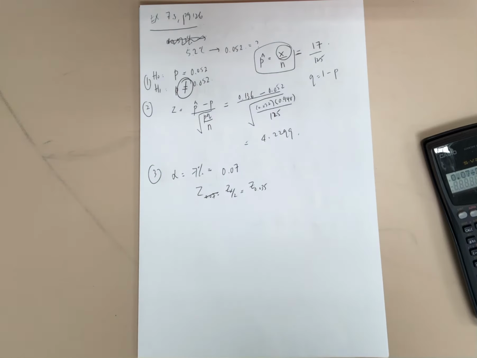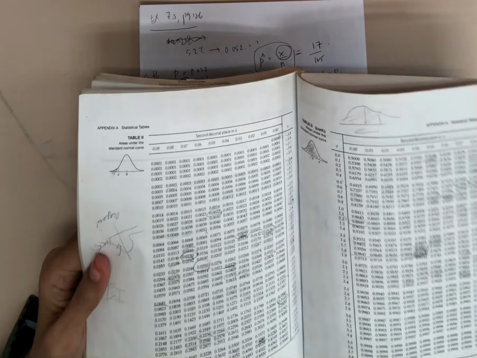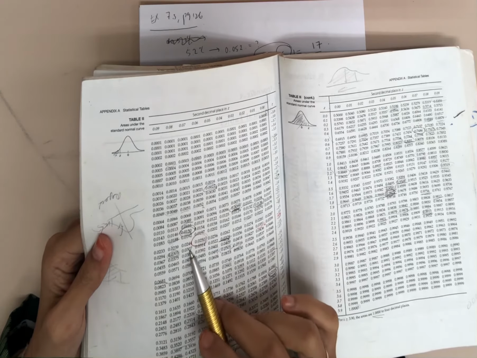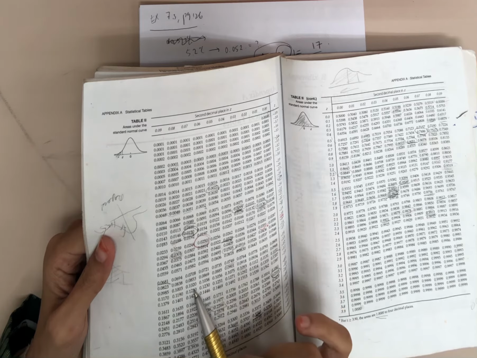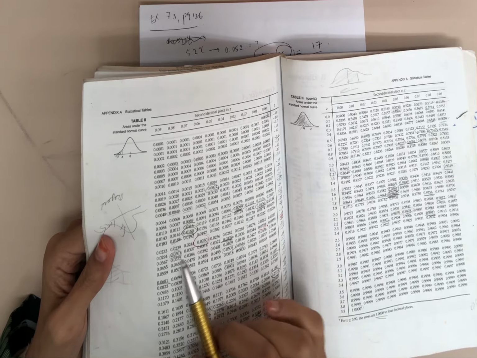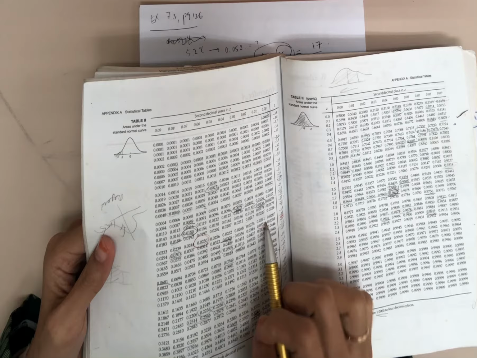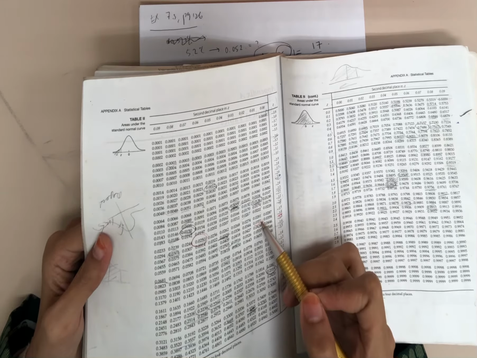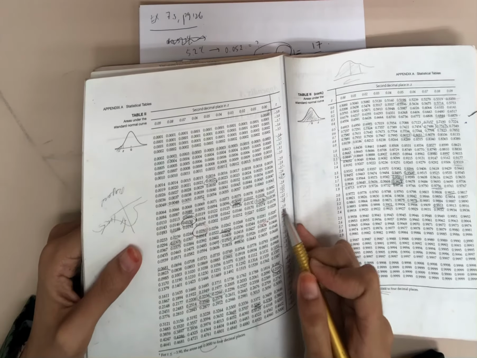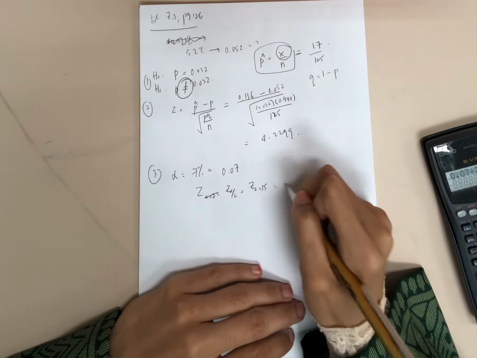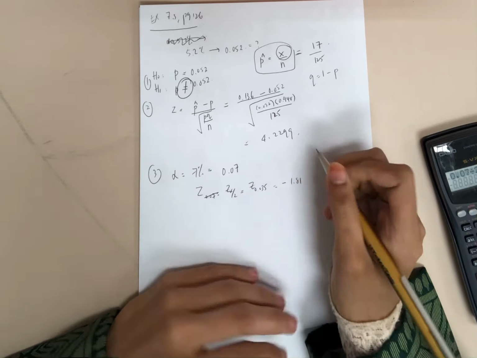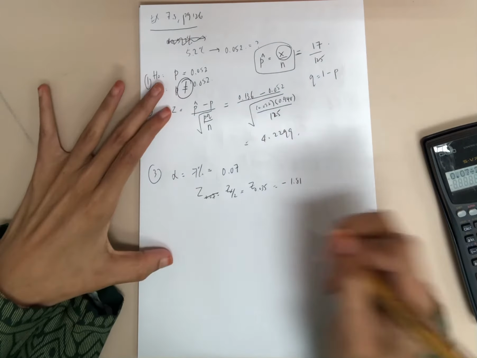Using table Z, 0.035, this one is negative 1.81. Yes, negative 1.81.